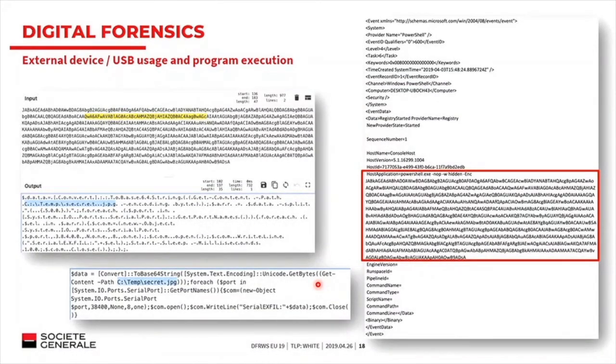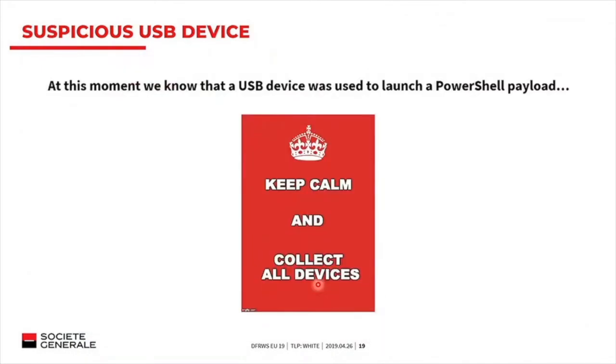So in our case, we learned the attackers tried to exfiltrate the content of a specific file through the serial port. So at this moment, we know that a USB device was used to launch a potential payload to exfiltrate data. Okay, so we don't panic, of course.